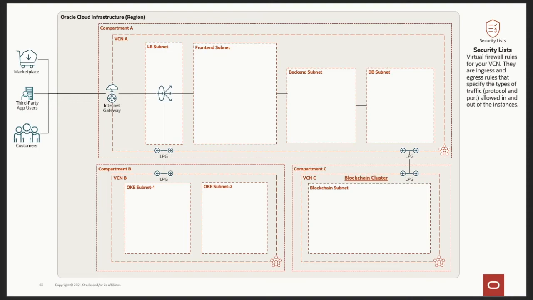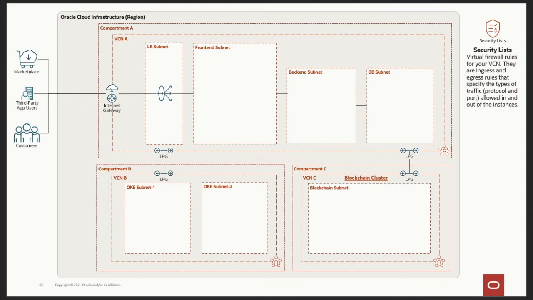And each security list is going to be enforced at the VNIC level that we talked about. However, you're going to configure the security lists at the subnet level, which means that all the VNICs within that subnet, so each of your resources within the subnet, are subject to the same set of security lists.